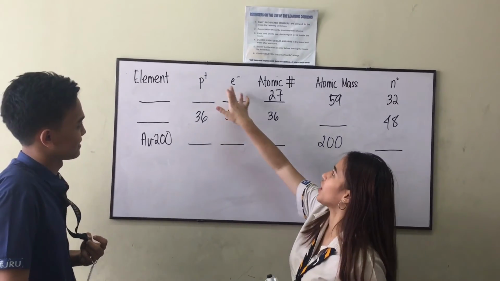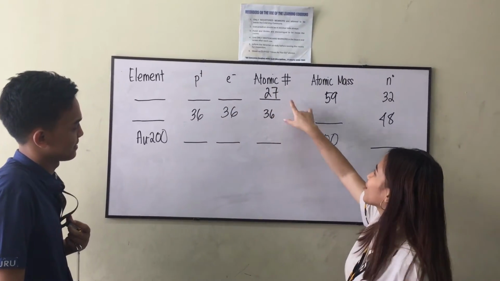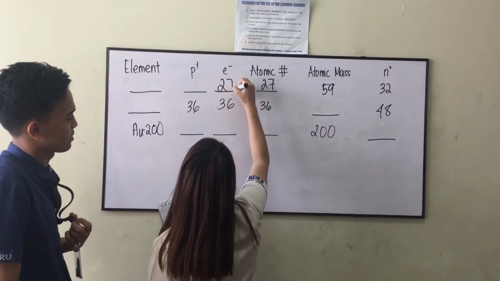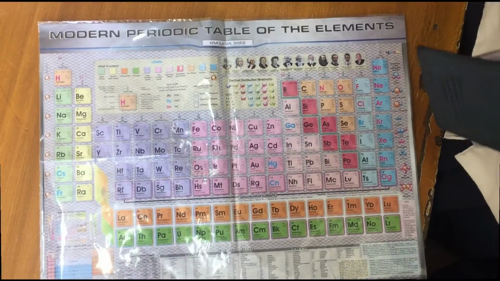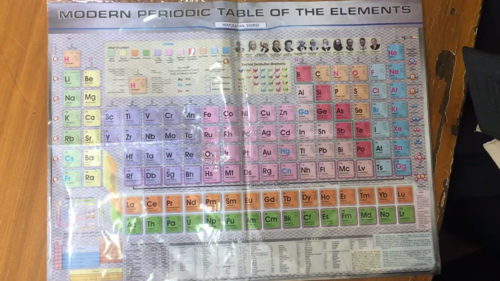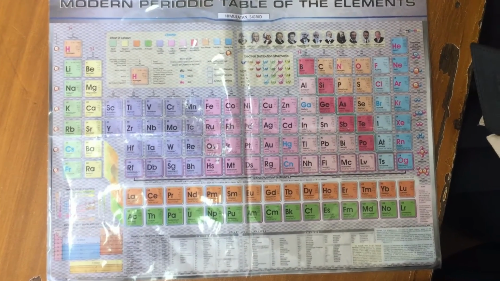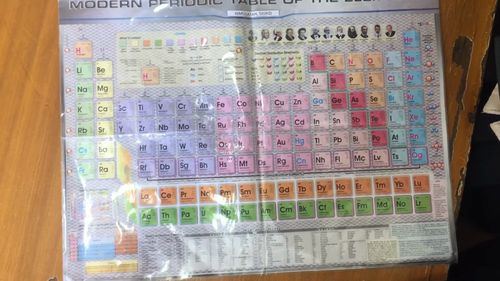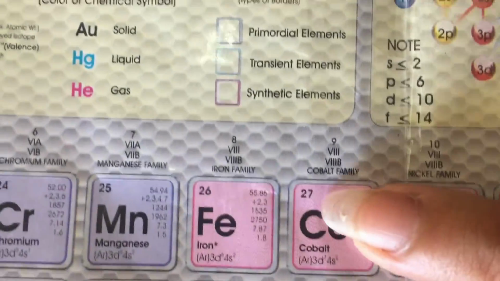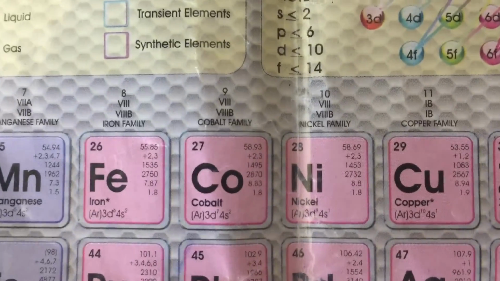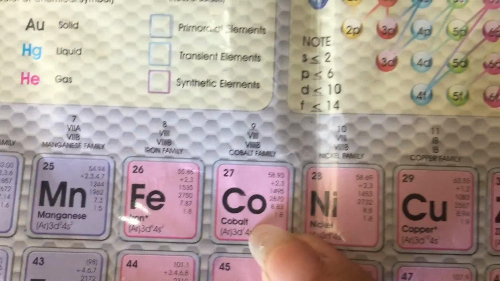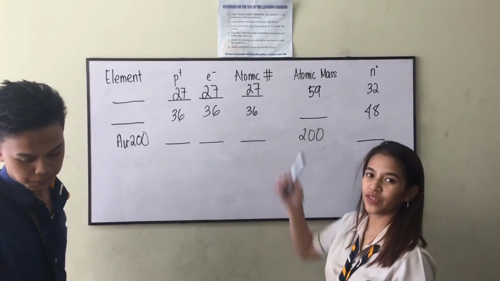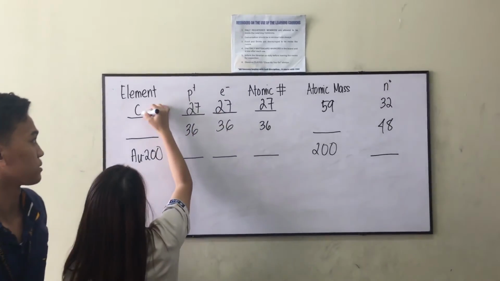To get the protons and electrons, it is the same as the atomic number. To get the element, we need to find in the periodic table the element with the atomic number of 27. So the 27th element is cobalt.